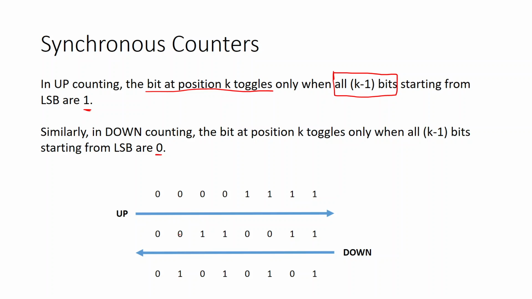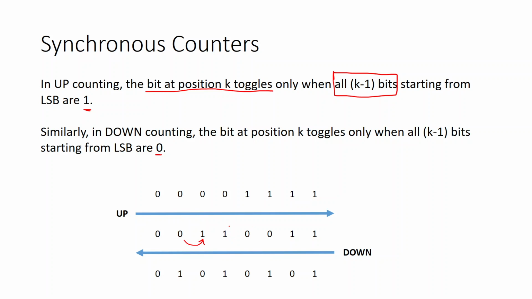Position number 1 will toggle when all the bits starting from LSB are 1. That means when the LSB is 1, at the next instant the first position will toggle.